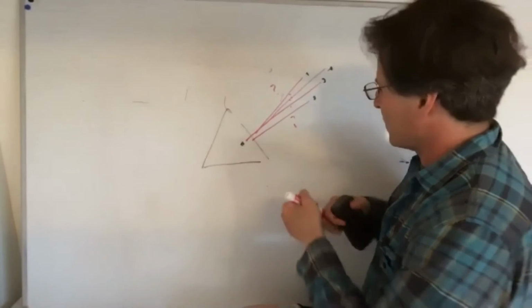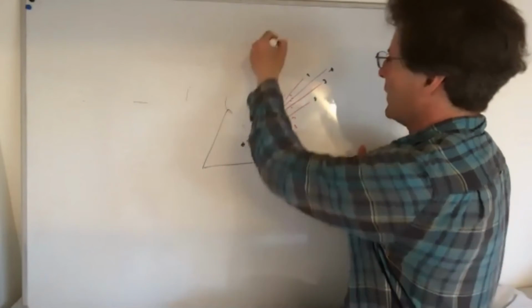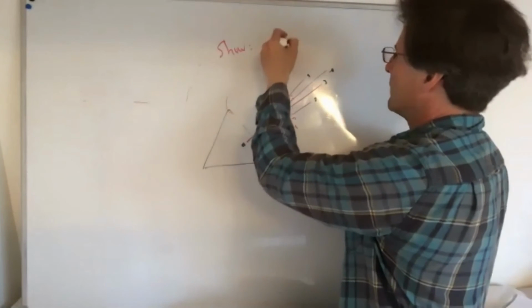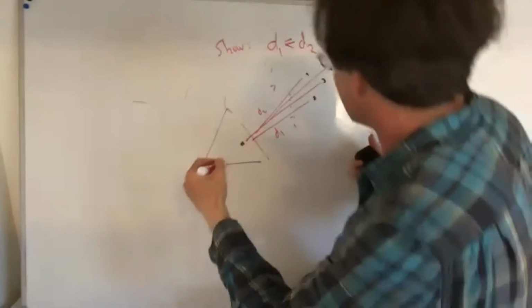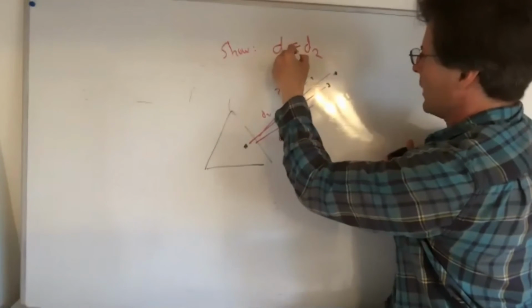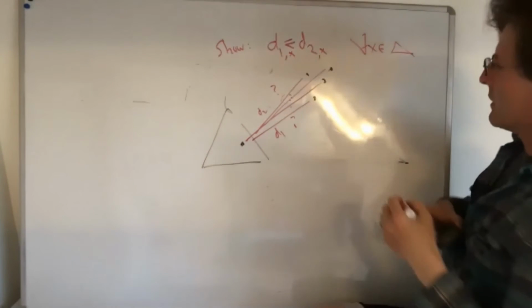So you have something like D1, D2, etc., and you want to show that, so these depend on some point x, for all x in some region.